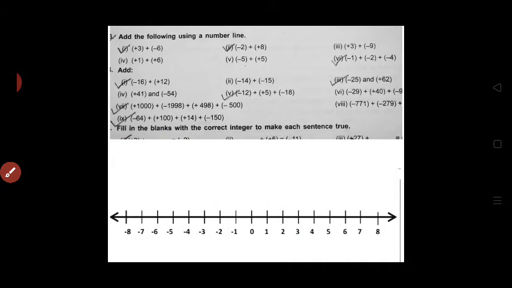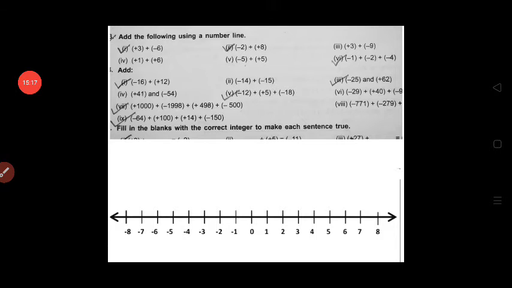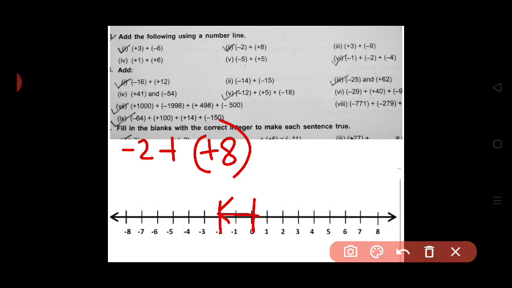The next one is minus 2 plus 8, minus 2 plus in bracket plus 8. So the first addend is negative. That means from 0 we first move towards left. So from 0 move towards left 2 units, and put arrow so we know where we are moving.